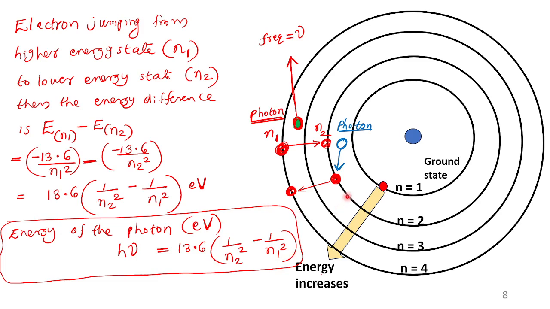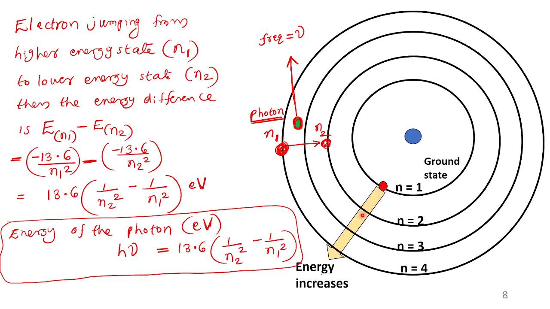Can you see this picture? Suppose the electron is currently in a higher energy state, say n1.